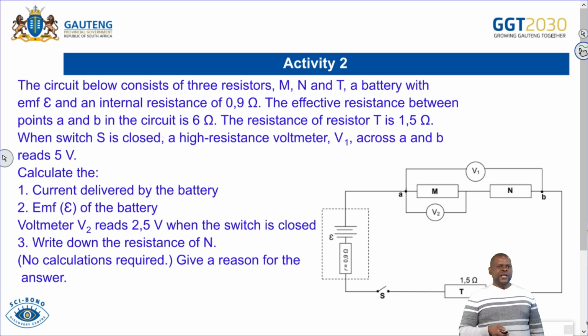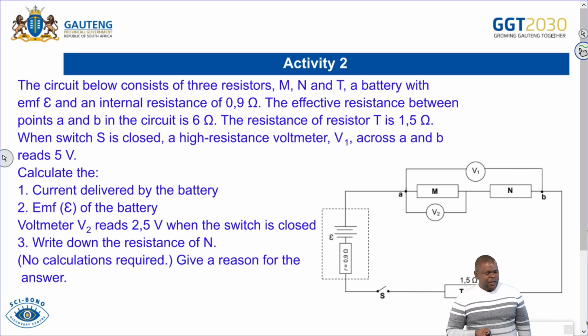The resistor T is how much? Is 1.5 ohm. When the switch is closed, the high resistance voltmeter V1 across A and B reads 5. Once you close the switch, then V1 gives you 5 volts. Calculate the current delivered by the battery, number 1.